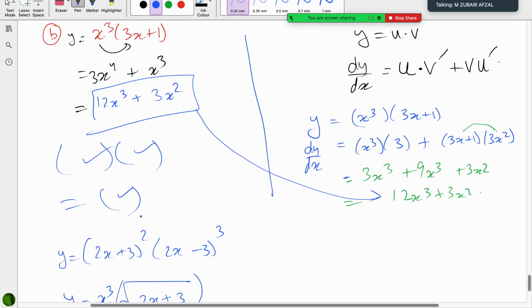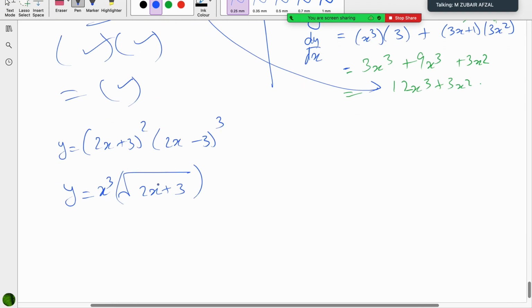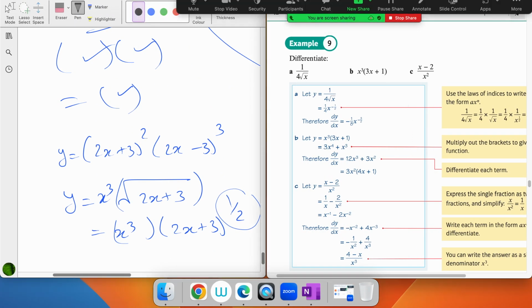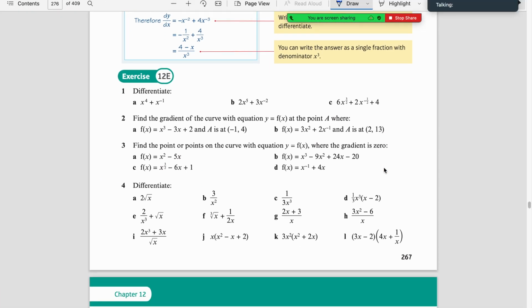Now this is not simple like this one to multiply it inside the bracket and get our values, because x cube is now multiplied with 2x plus 3 raised to power 1 by 2. If it would have been square, we can still expand it. But in this case, u dot v would be very helpful. So these are the shapes.